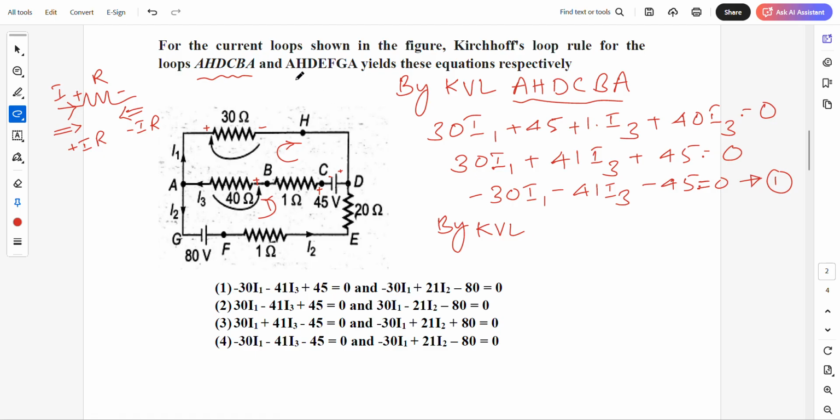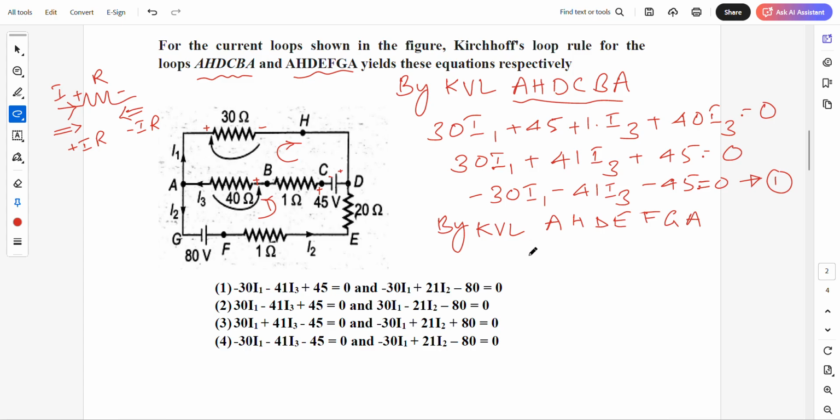For the loop they have given, A H D E F G and again A. Start from A and go back to A, here also from A to A. This is this loop: AHDCBA is this loop, AHDEFGA is this loop. Now we'll start from A to H.